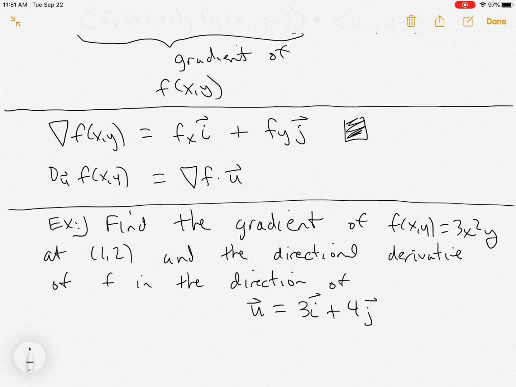Okay, so first example with gradients and directional derivatives.